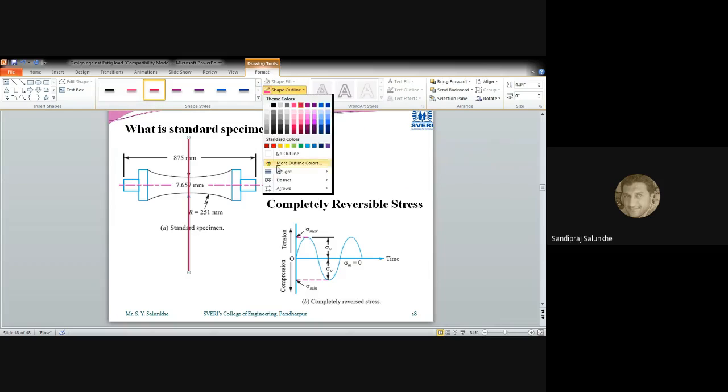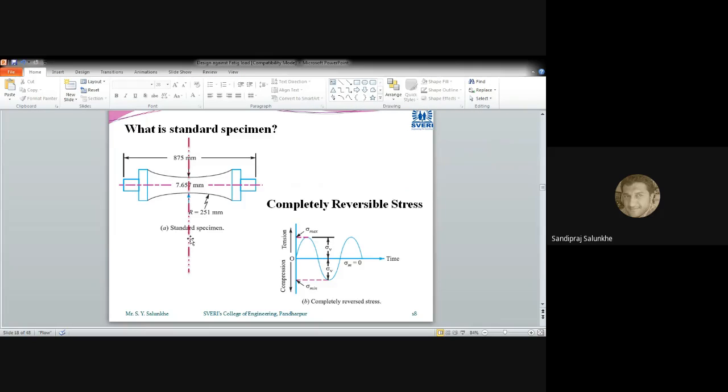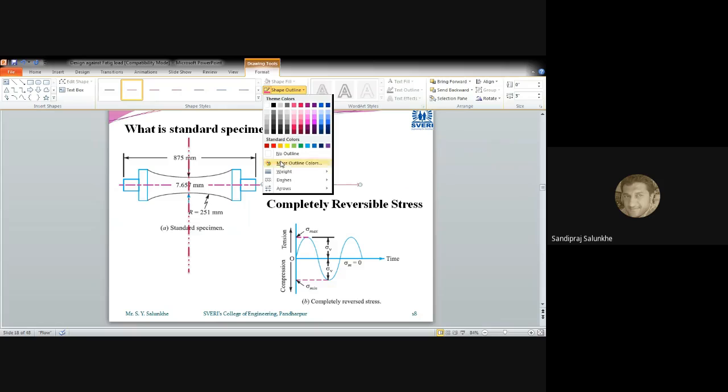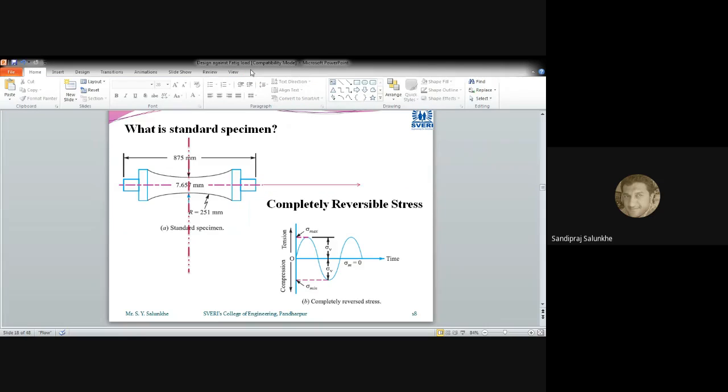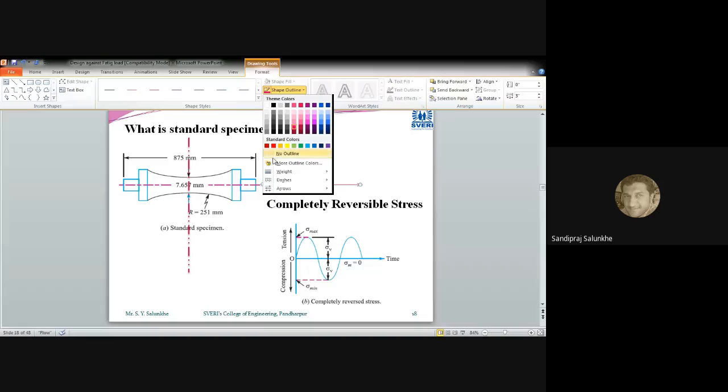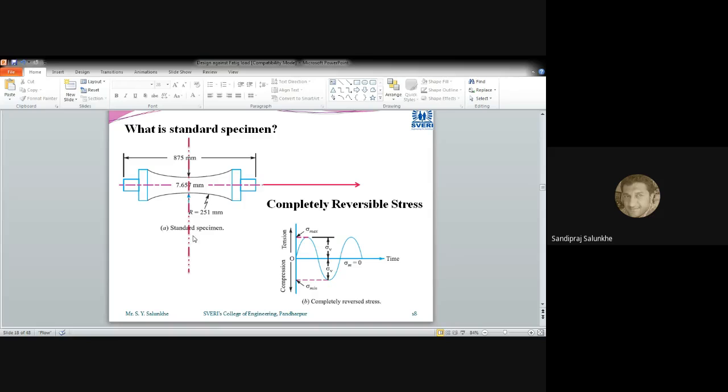So this axis, longitudinal, or this perpendicular axis: on which axis do we have to apply the load? Whether in this direction, or like this, or on this perpendicular axis, like this.